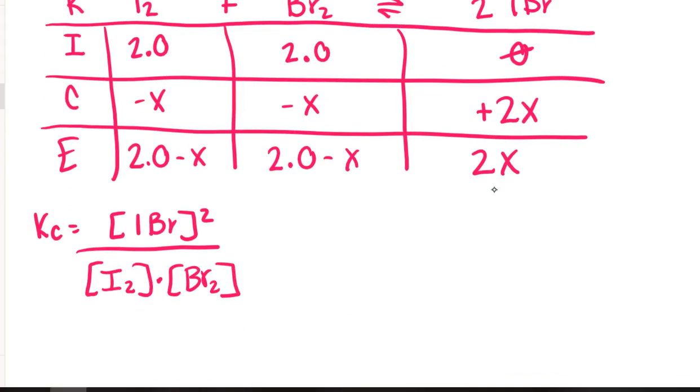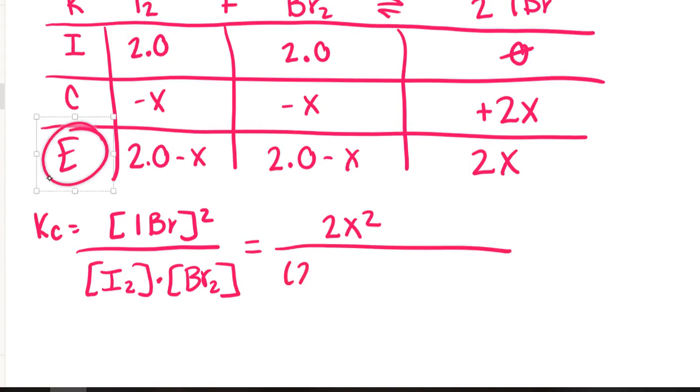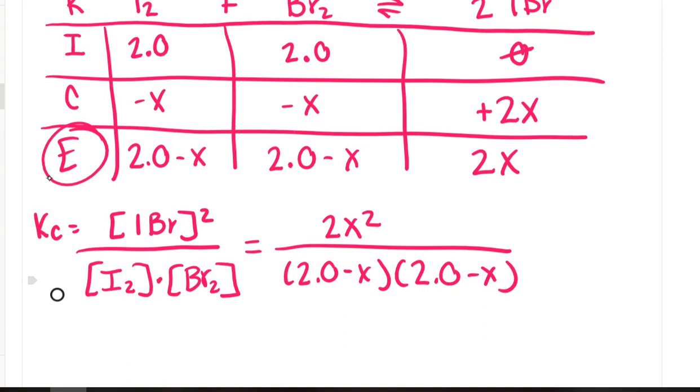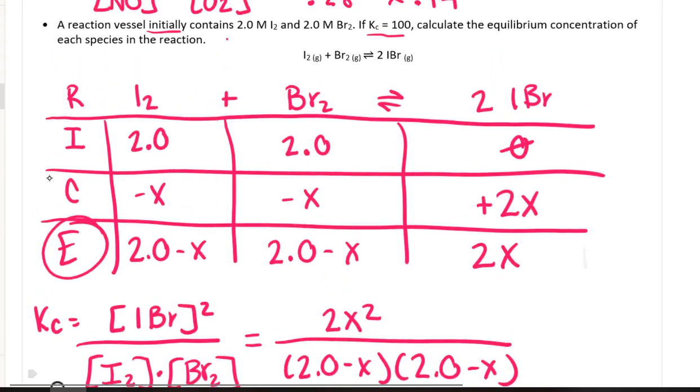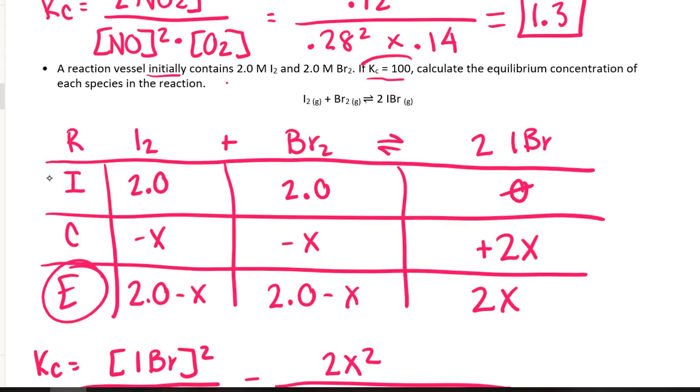And what I can do is plug in what I know at equilibrium. So that is going to give me 2x squared all over iodine times bromine. So what the problem did tell me is that my equilibrium expression for concentration is going to be equal to 100.